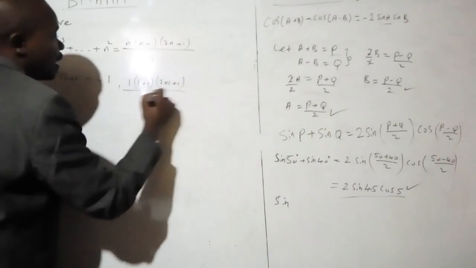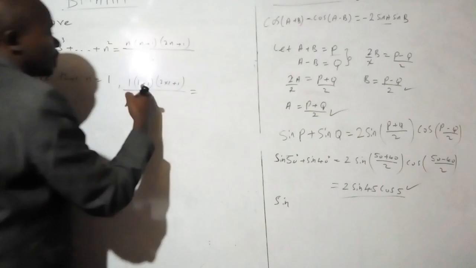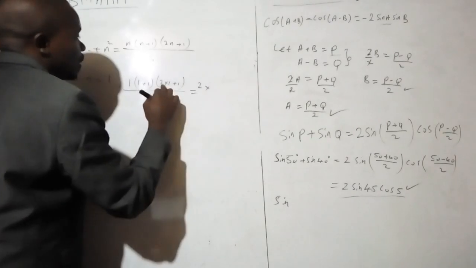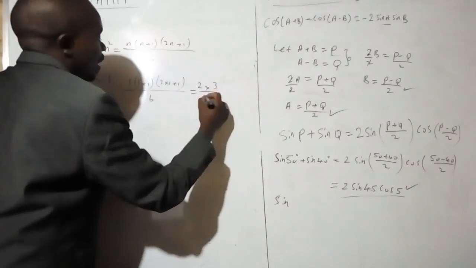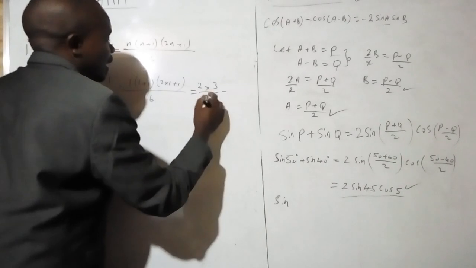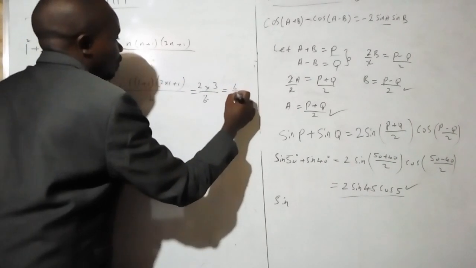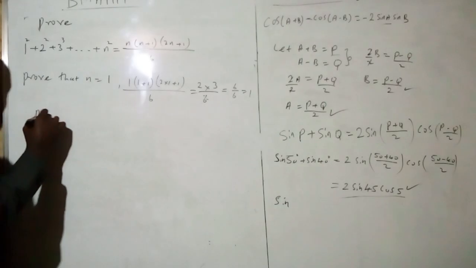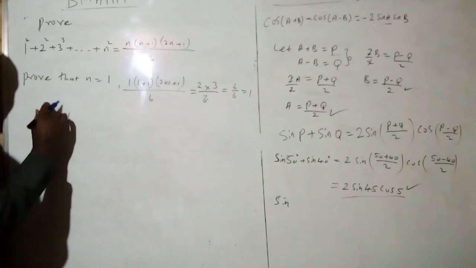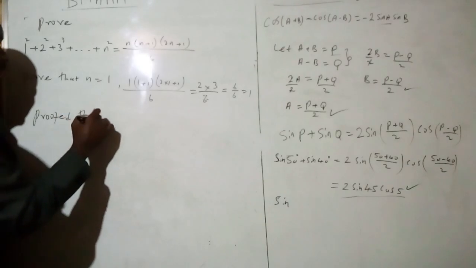And this will be 2 times 3 all over 6, which is 6 over 6, which is 1. Proved that n is equal to 1.